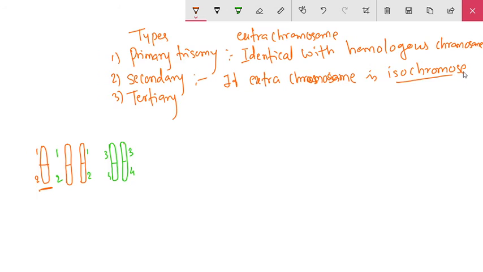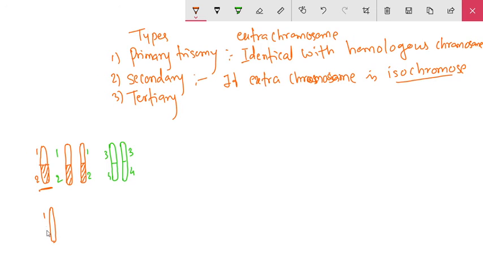Identical arms means what? Suppose for example we will draw some little difference here. So this 1 and 2 chromosome has different arms. This one arm is different, second arm is different, it is also 3 arm is different, 4 arm is different. But suppose we draw here one figure.